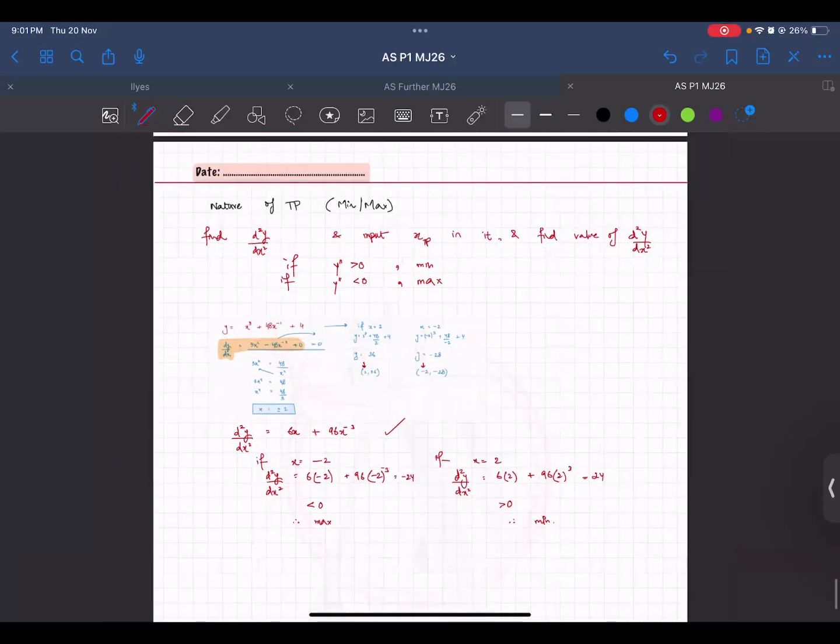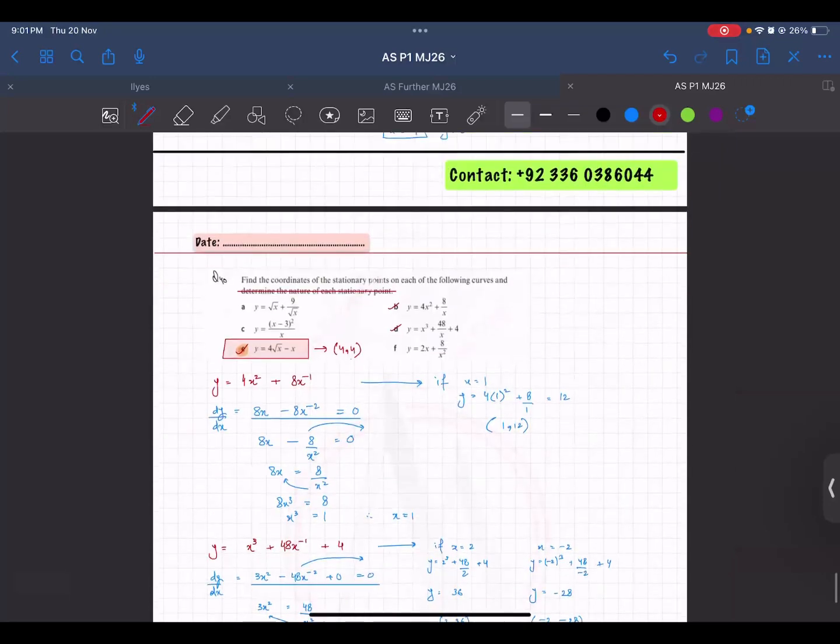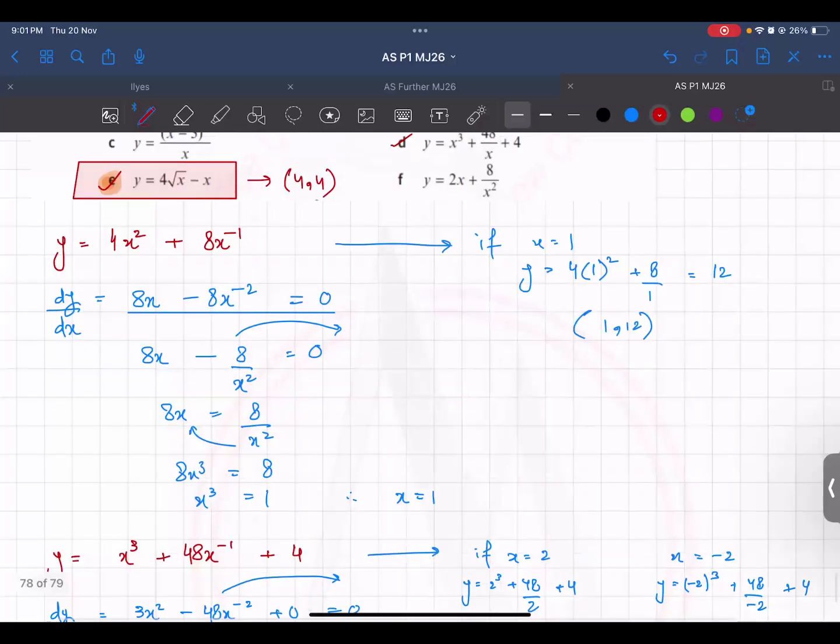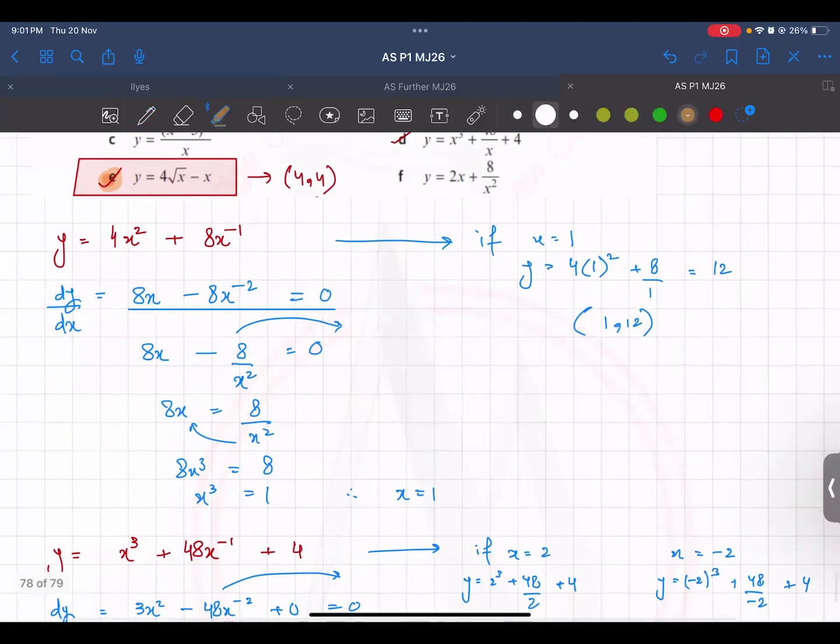Let's do another one. We found this one, right? So if we continue, if we want to find the nature of the turning point, you would differentiate it again. So the derivative was this part, your first derivative. And if you differentiate it again, this would become 8 plus 16x to the power minus 3.